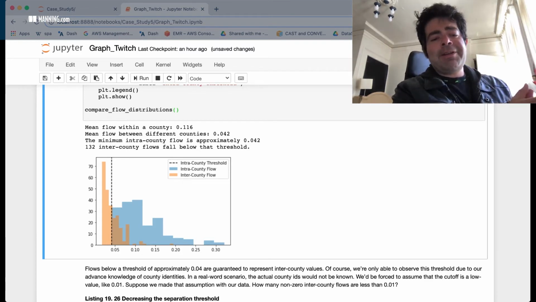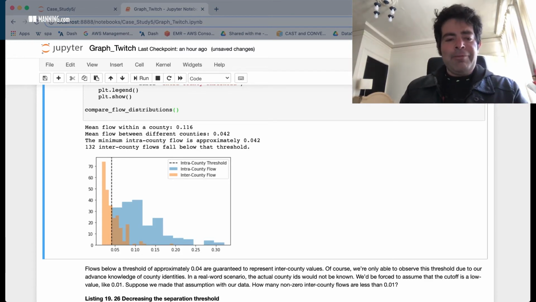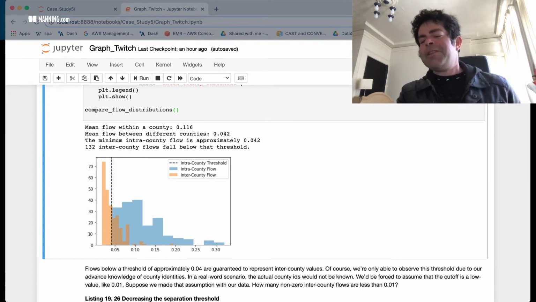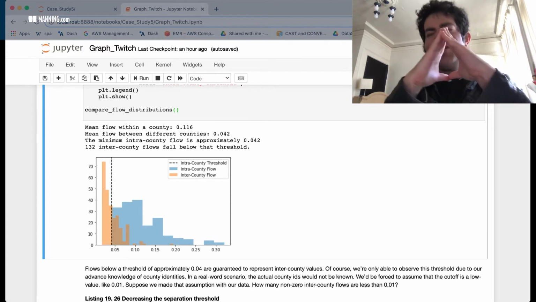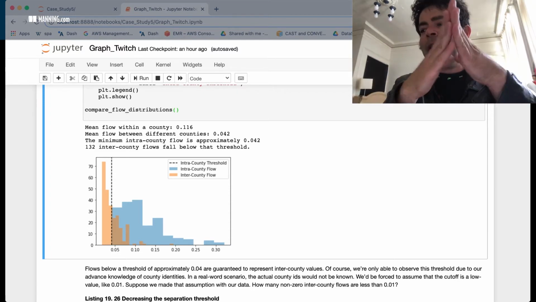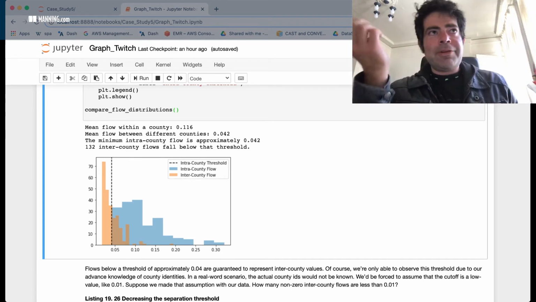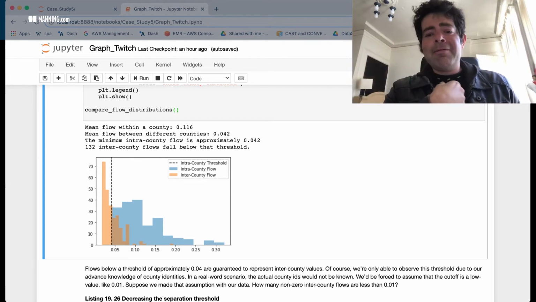Theoretically, if we have this threshold, we can filter out all the edges below the threshold, and ideally we would eliminate many of the edges between towns in different counties. That's just if we have the threshold. Now here's the problem. The only way to obtain this threshold is to know the identity of the counties in advance. And we don't know the identity in advance.